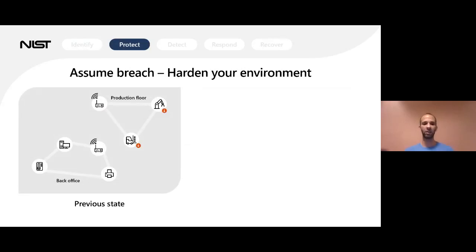Now, in addition to that, we usually see that customers think of their organization as segregated networks. So, for example, they think that they have their production floor, that they have their enterprise network, and that those networks are segregated. Usually, they don't know that there is some sort of connection between those networks, and this, of course, leads to a threat of lateral movement.